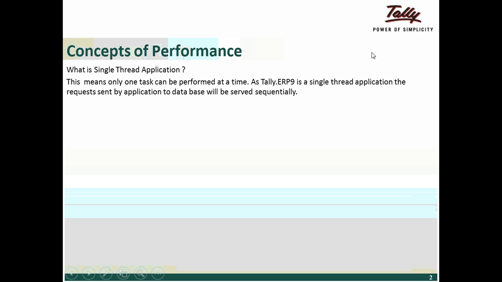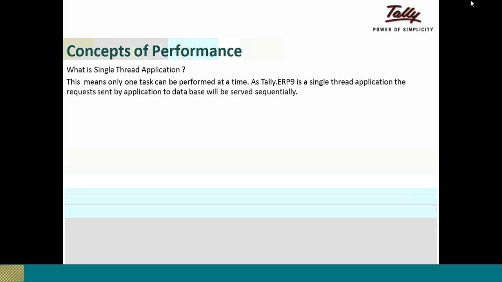That is called single thread. Overall, only one task can be performed at a time, as Tally.ERP 9 is a single-threaded application, and the requests sent by the application to the database are served sequentially. Are you able to follow, Sumati?